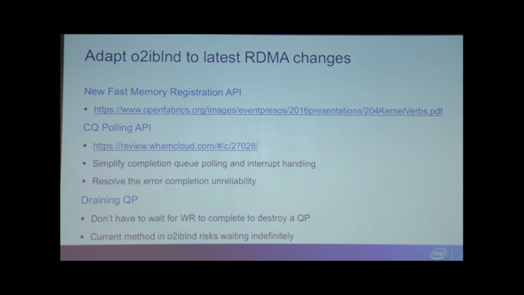And there is a problem that there is no time limit on that wait. So we could be waiting indefinitely, so there's a new API that Mellanox added to drain the QPs, which forces the QPs to close, and this way we don't have to wait indefinitely. So these are the new API changes.